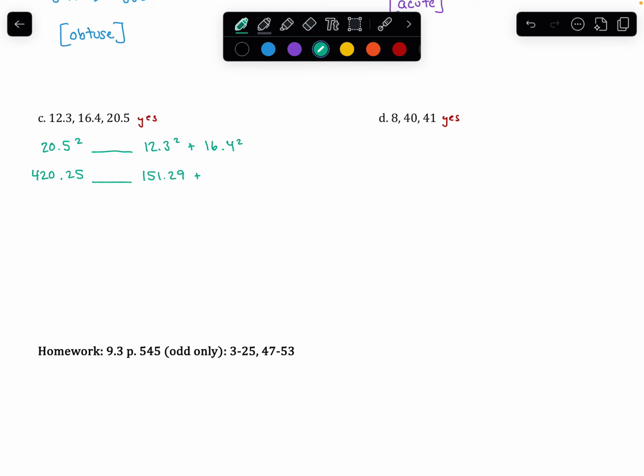Plus 16.4 squared is going to be 268.96. Add everything up, I'm going to get 420.25. And then the other side, it's going to also be 420.25. So they are equal. So this is right.